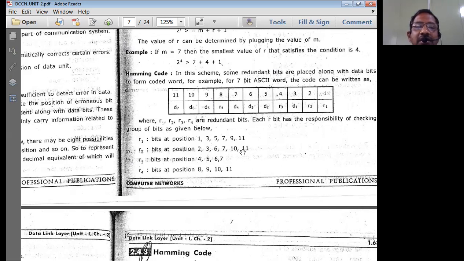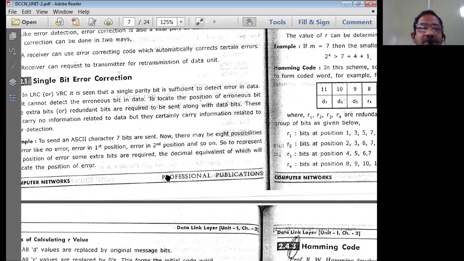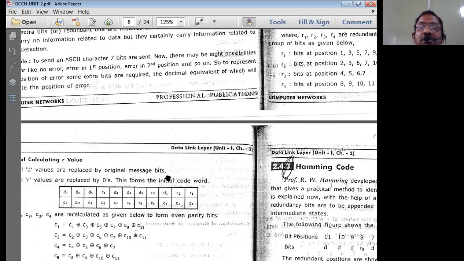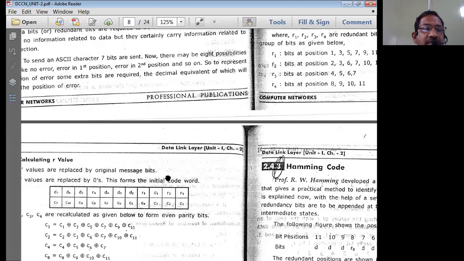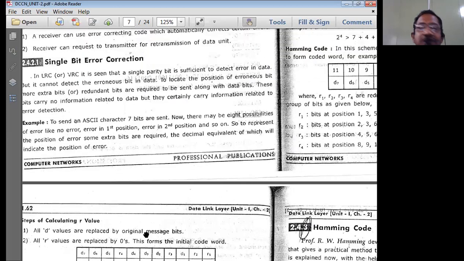And R3 bit set positions: 4, 5, 6, 7. R4 bit set positions, you need not bother about this because we are not going to look much. Now here what we do is, for calculating the even parity bits, we are normally going to use these positions.